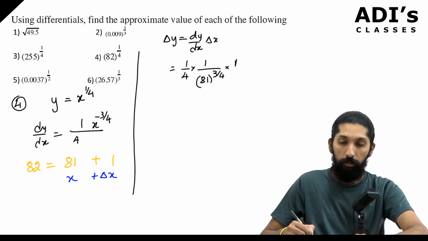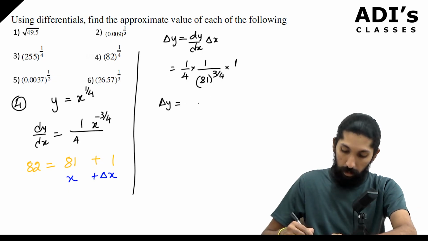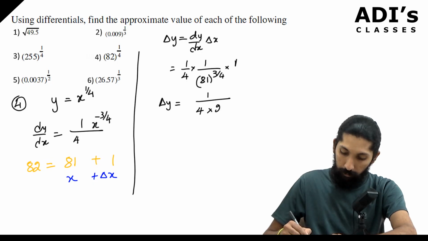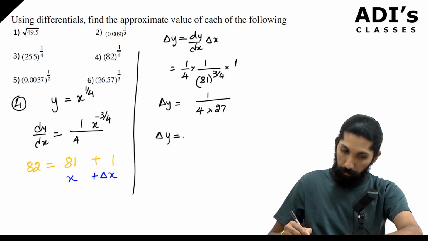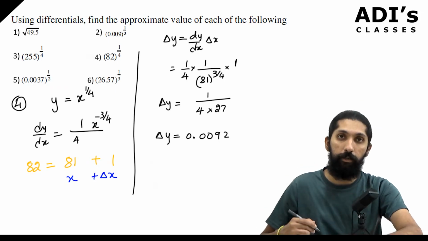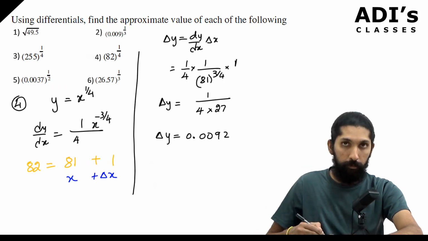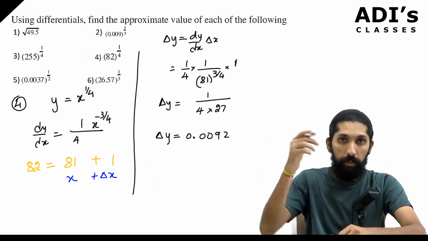Correct? No change whatsoever. So you have delta y is equal to 1 by 4 into 3 cube, which is 27. You get delta y as 0.0092. Now what we need is 82 power 1 by 4, correct? So for 82 power 1 by 4, you have to add y plus delta y, isn't it?